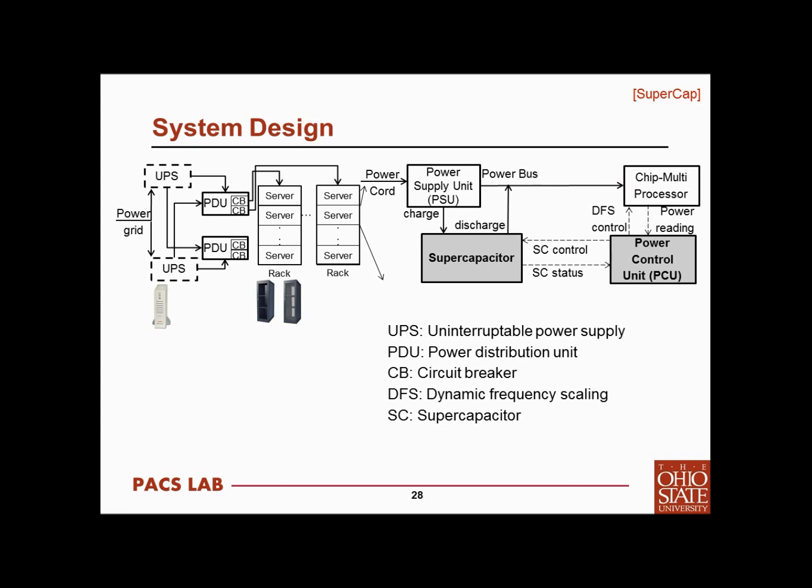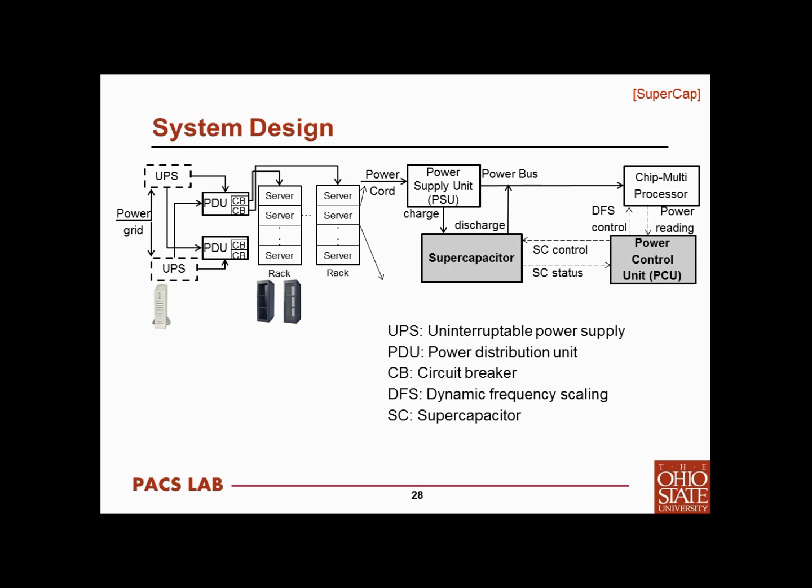We can see the power grid will provide the power for the entire data center. The power first goes to the UPS, uninterruptible power supply. After the UPS, the power will go to the PDU, power distribution unit. The PDU will distribute the incoming power to each rack. A rack is basically a big box. We can install all the servers in the racks.